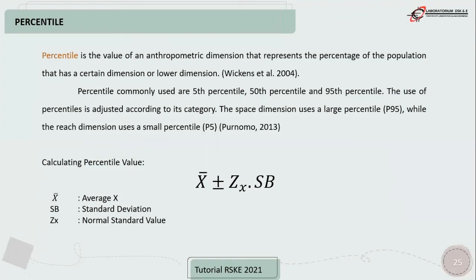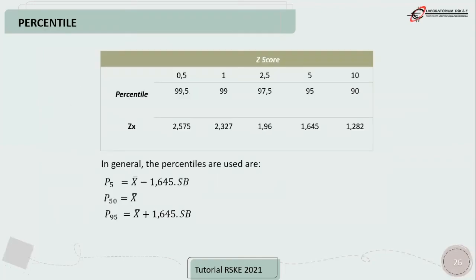For percentile calculation, if your data passes the normality test, you just need to calculate according to the existing formula like on your screen. Look for the average of each dimension, and then the standard deviation, and use the Z table to find the Z score.